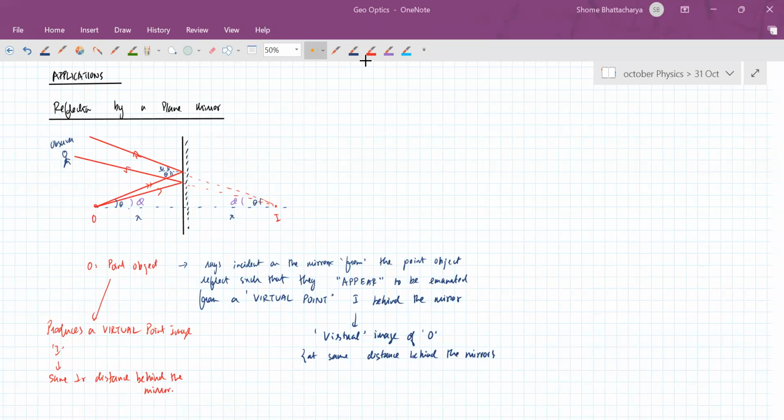So these rays, the reflected rays, you can see they appear to be emanating from this virtual point I behind the mirror.